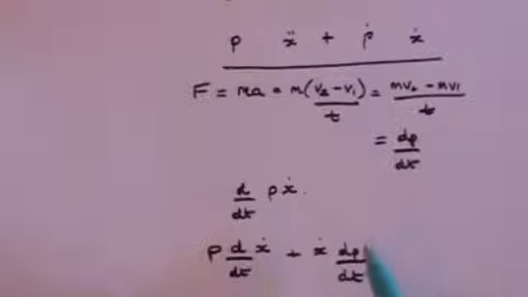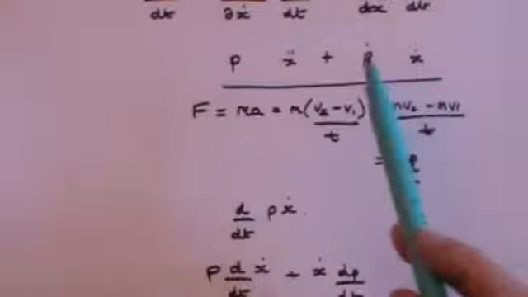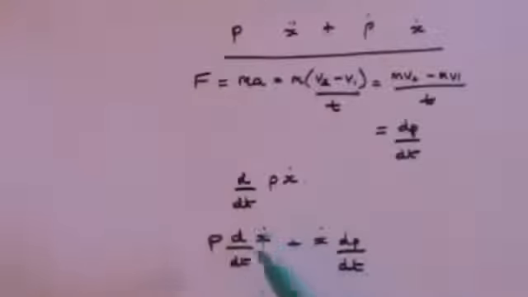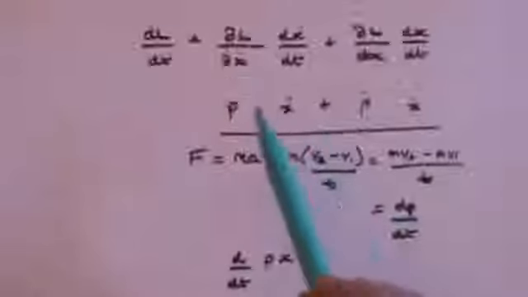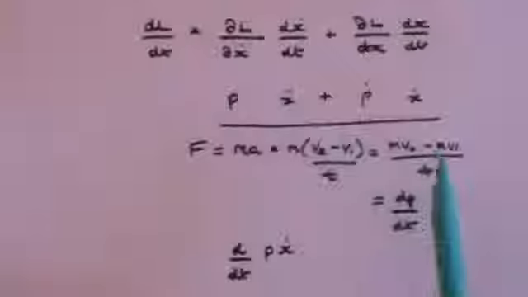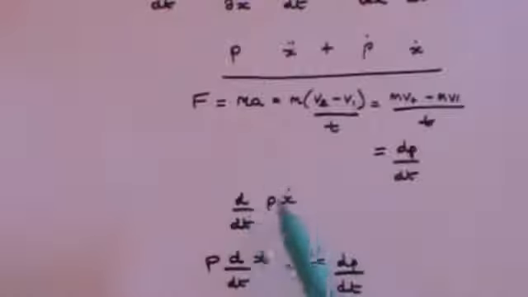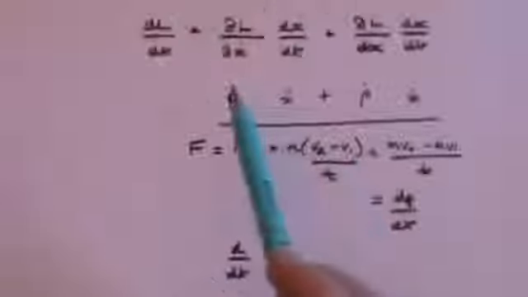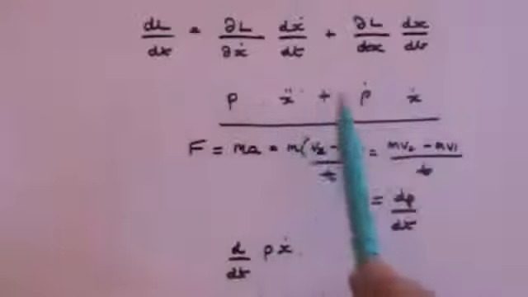And that, if you want to look, x dot times dp by dt is this here, and p times x double dot is this term here. Alright, so this term, d by dt of p x dot, is a simple version of that there.